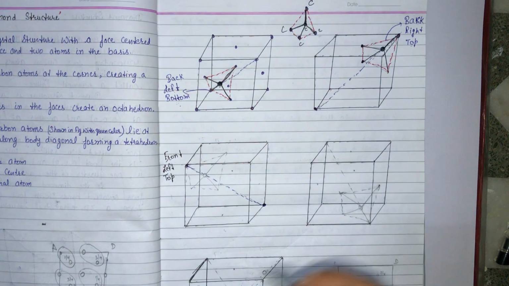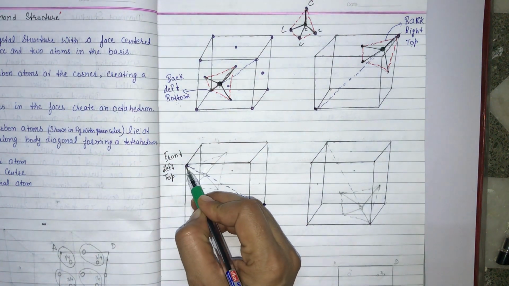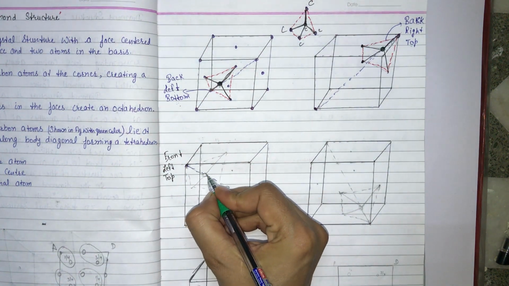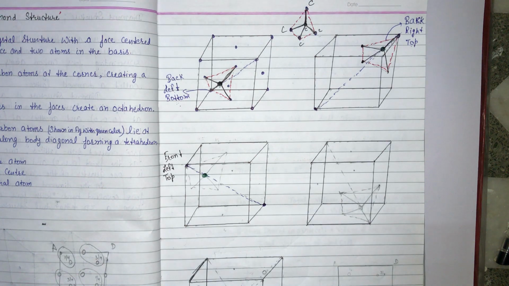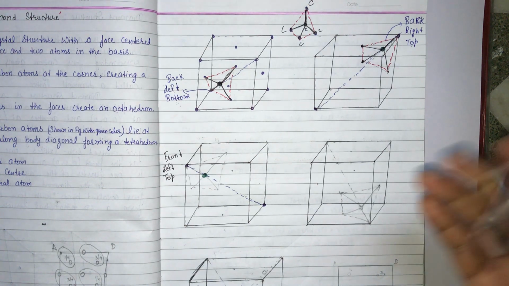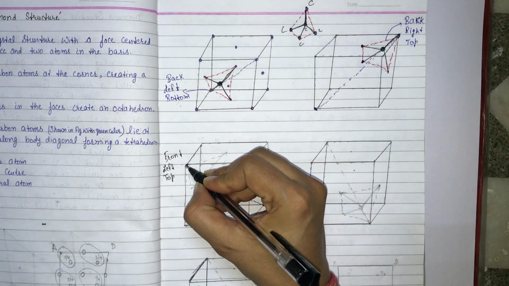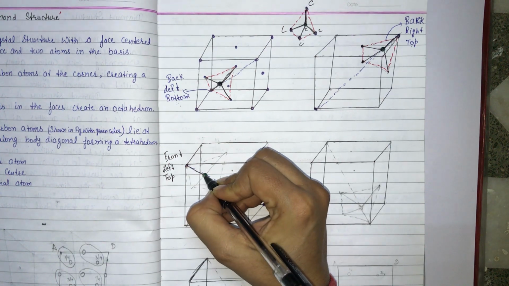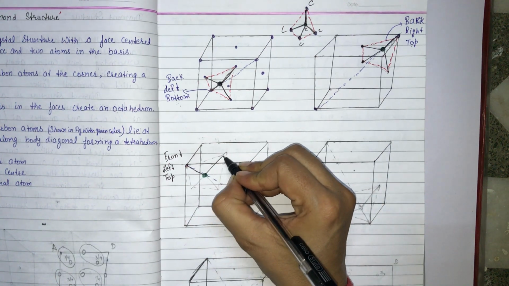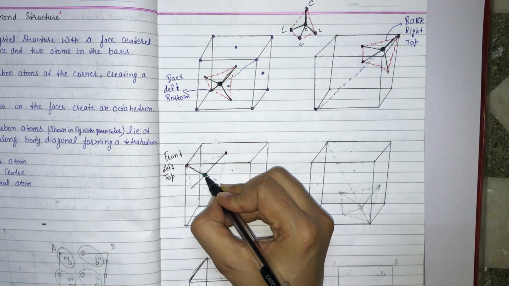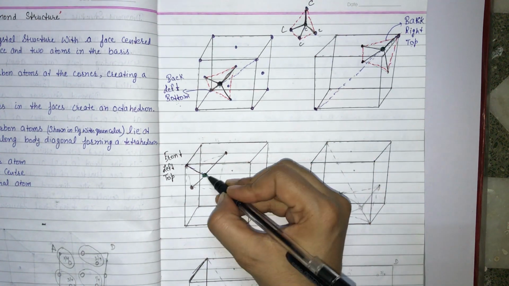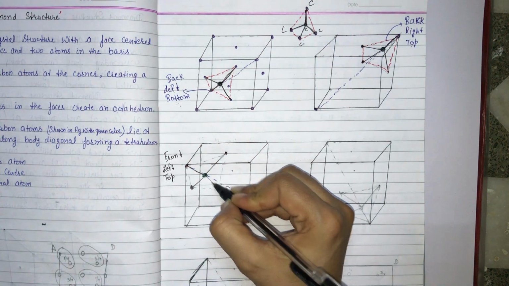Clear? So mark the location of carbon atom along body diagonal. So from this point, carbon atom will be located at 1/4 of the body diagonal. Here. And this carbon atom will make covalent bond with this corner carbon atom, with the top face centered carbon atom, with the left face center carbon atom, and with the front face center carbon atom.